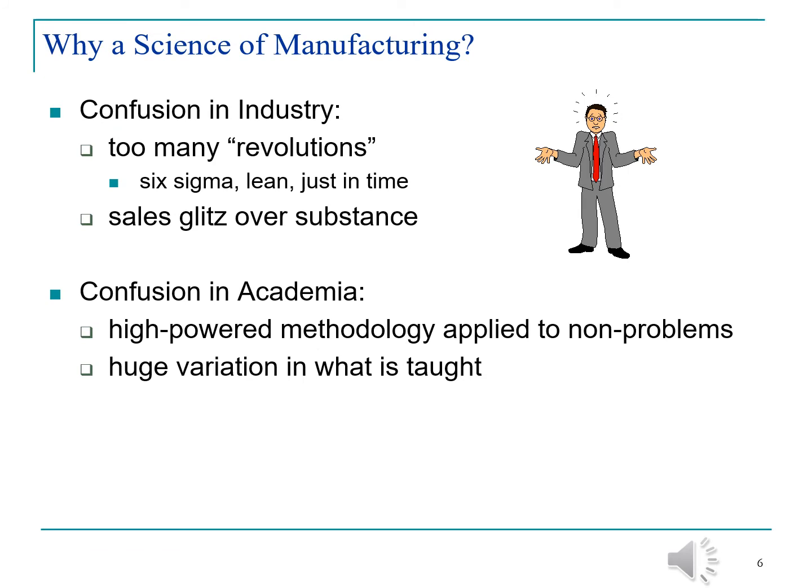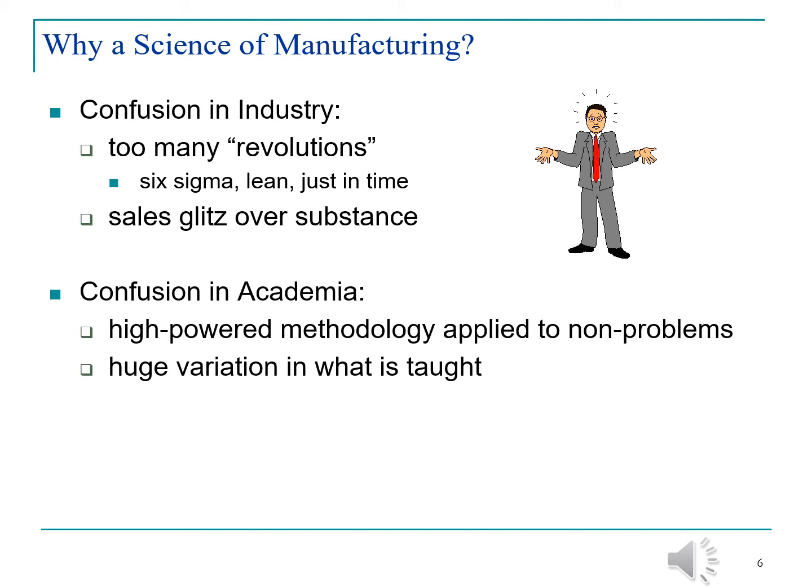So in this course, we need to treat manufacturing as a science. And why a science of manufacturing? Well, there are too many things happening in industry right now. There's confusion about too many revolutions. If you're familiar with industrial engineering or manufacturing, mechanical engineering, you know that there are many things that you are encouraged to learn, like Six Sigma, lean manufacturing, just in time, and so on.